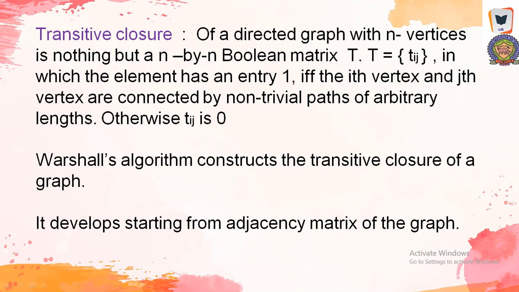If A to B is connected, then there should be some other intermediate vertices connecting them, not more than n, where n is the number of vertices in the graph. Otherwise, if no such path exists between the ith vertex and the jth vertex, then the entry made in the transitive closure is 0. Unlike the adjacency matrix, the transitive closure as a Boolean matrix is obtained step by step, progressively, making use of the previous solution.